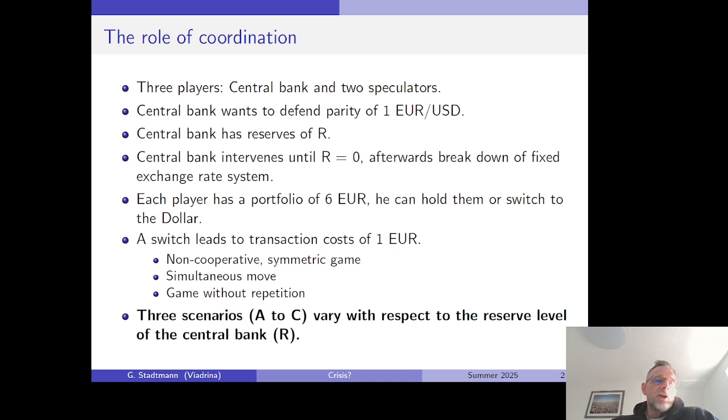In case that the financial agent switches to the US dollar and afterwards back, it will lead to transaction costs of €1. We have a non-cooperative symmetric game, simultaneous moves, and a game without repetition. Then we are going to look at the three scenarios A to C, and each scenario varies with respect to the reserve level of the central bank.